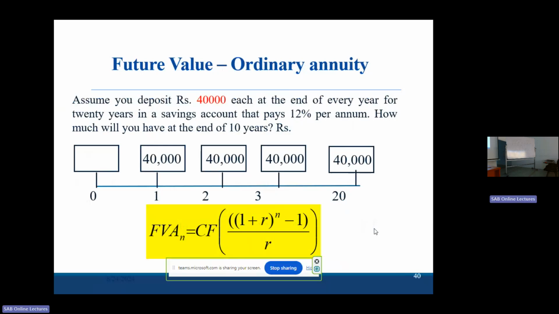Now you can see the example here. Assume you deposit 40,000 at the end of every year.